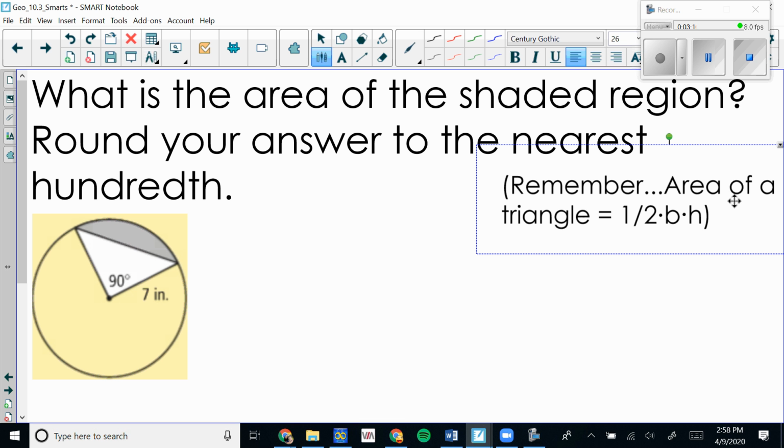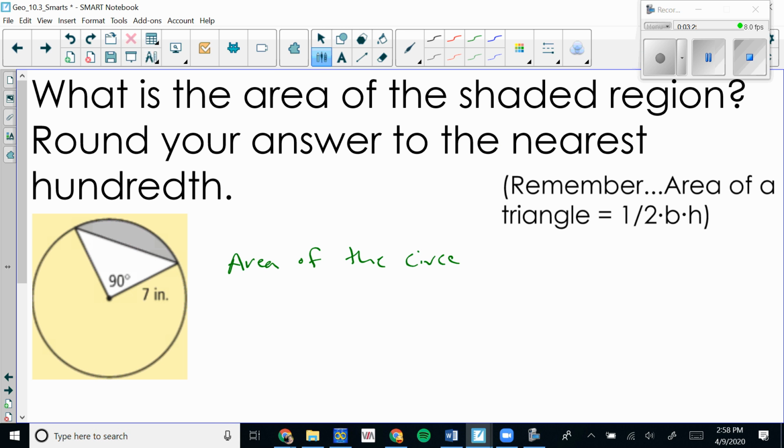So what we need to do on this one is take the area of the circle and then subtract the area of the sector. Okay, and that should give us what is left.